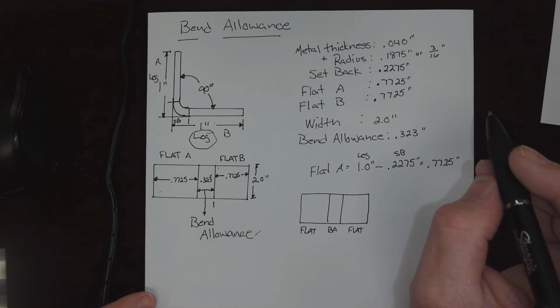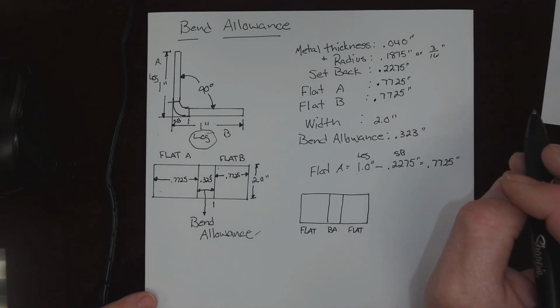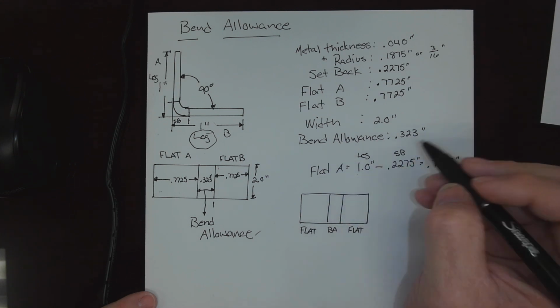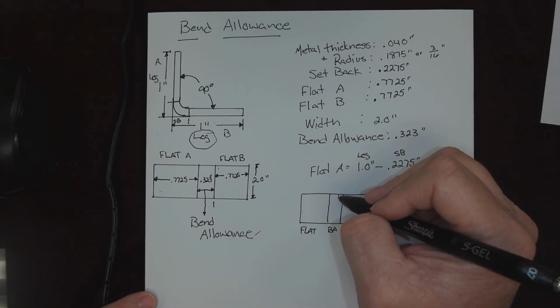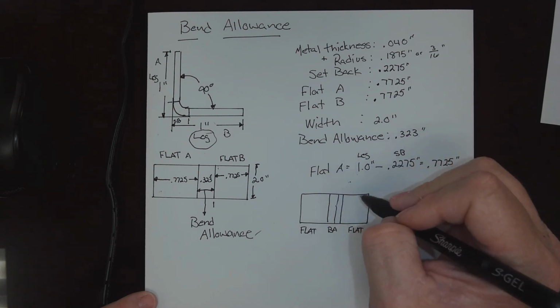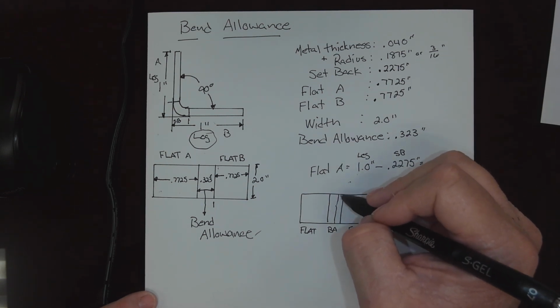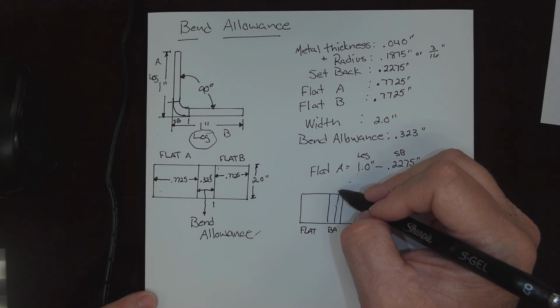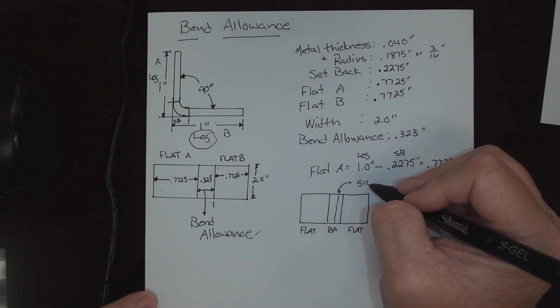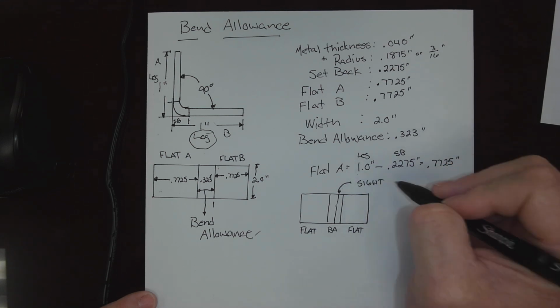We always must put a line in that we're going to use to bend by. This line's very important. We haven't discussed it in previous videos. This line is referred to, and let me find us a little area out here, this is what we call a sight line.